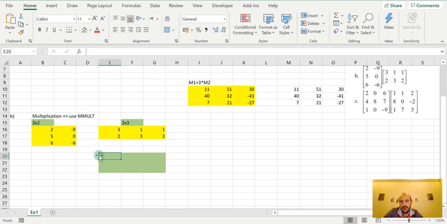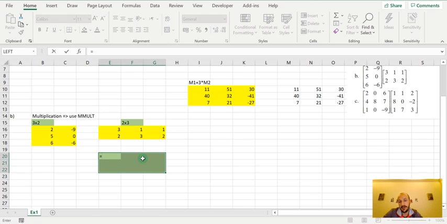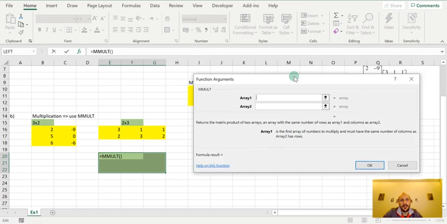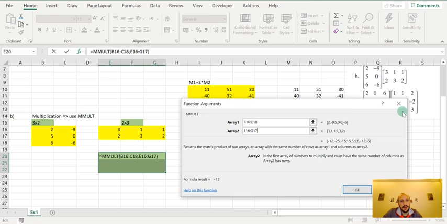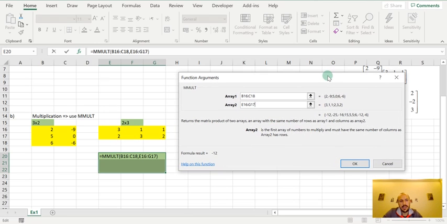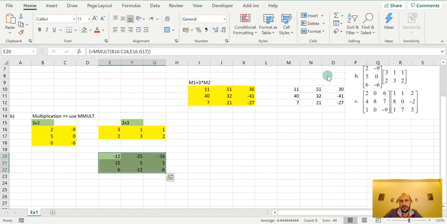So what we have to do is first of all select the number of cells that should contain the result, and then click on M mult, for matrix multiplication. Once you have M mult, Excel will ask you what is your first matrix and you will select this one, then what is your second matrix, you will select this one, and instead of hitting Enter only you can hit Ctrl Shift Enter and you will get the multiplication of these two.